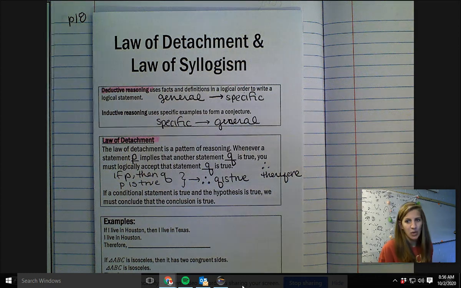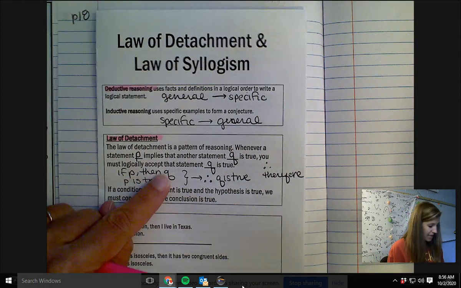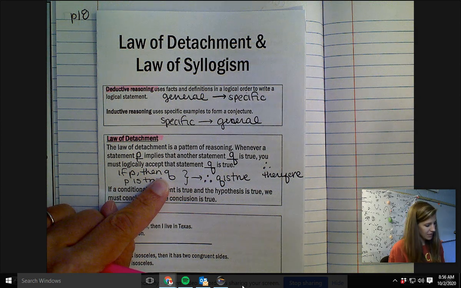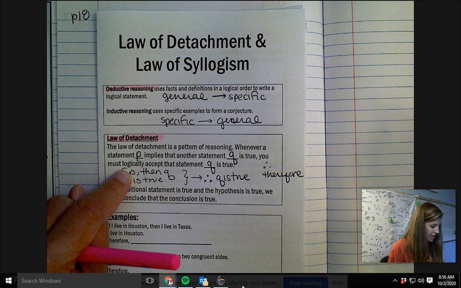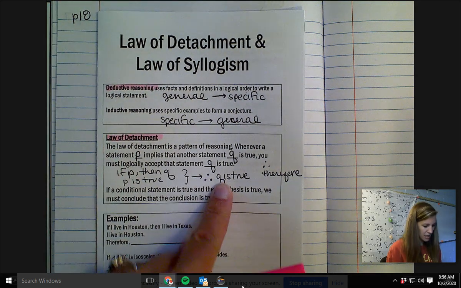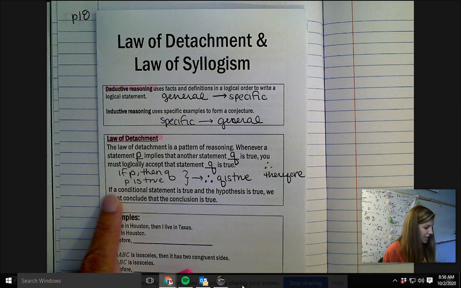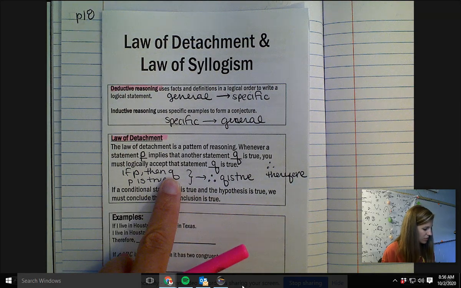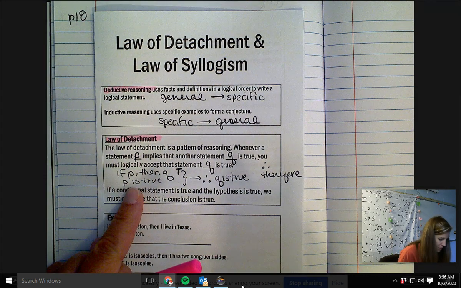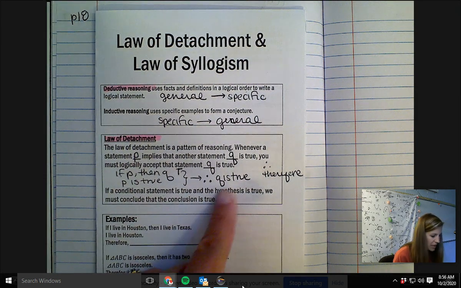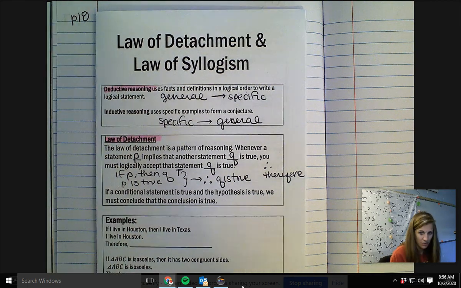More math shorthand, okay? So if I know some statement, if P then Q, is true, and then I also know that P is true, the hypothesis of that, that must mean that Q is true. So that is the new conclusion that I can make. So if a conditional statement is true, and the hypothesis is true, then we must conclude that the conclusion is true. So that's what we have here, just in words.